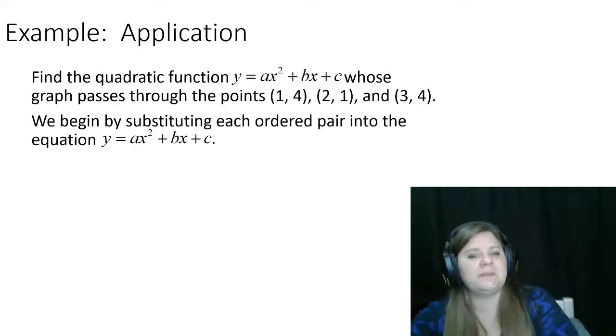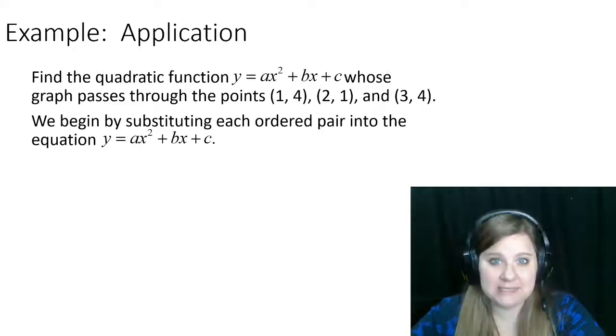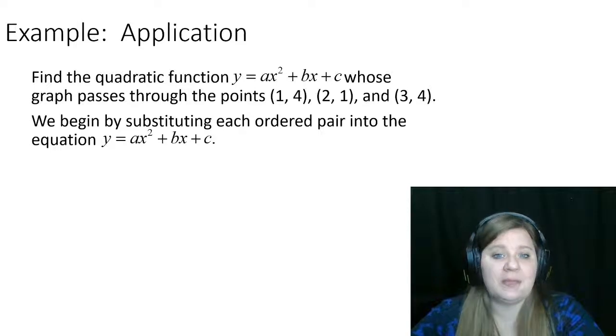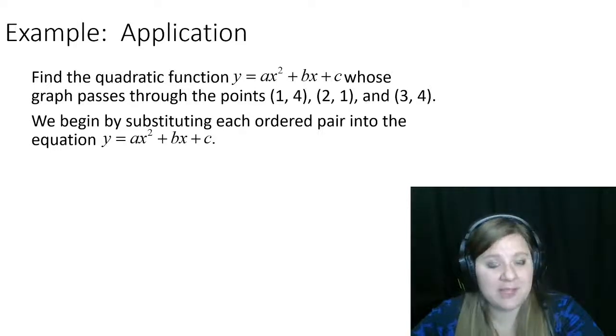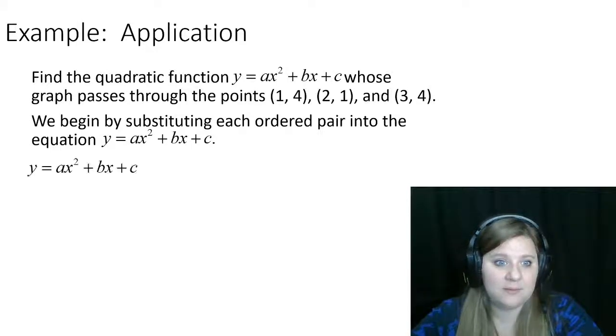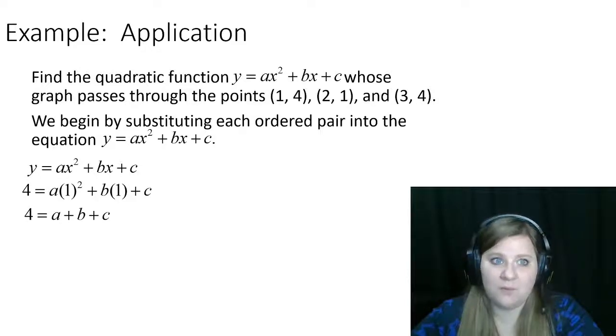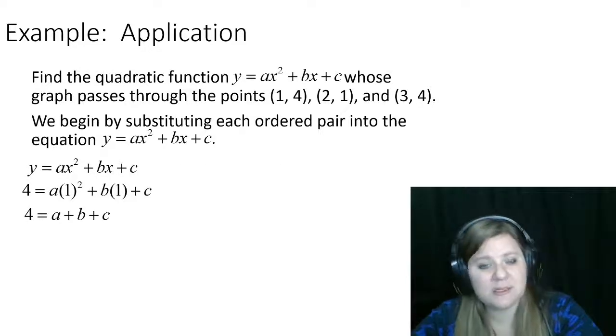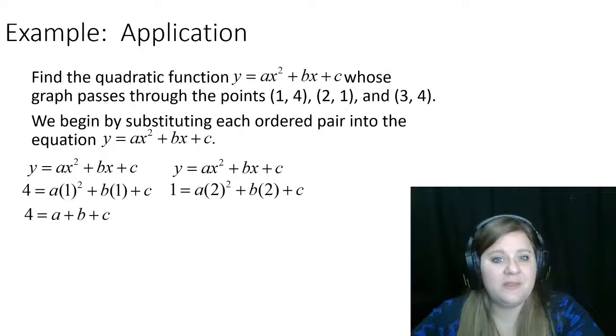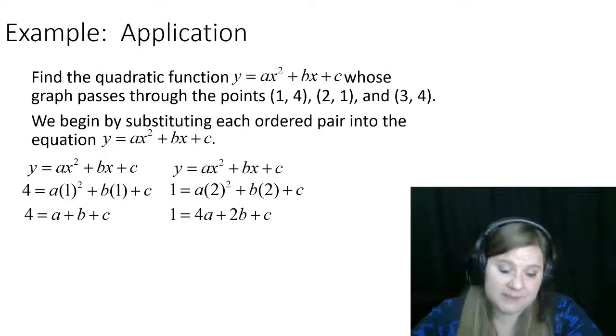To do that, we're going to start by plugging each point into the equation. We'll plug in 1 for the x and 4 for the y, and that gives us 4 equals a plus b plus c. Then we're going to plug 2 in for the x and 1 for the y. That gives us 4a plus 2b plus c equals 1.